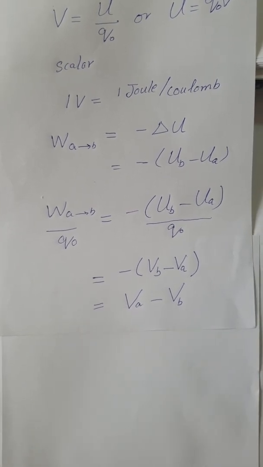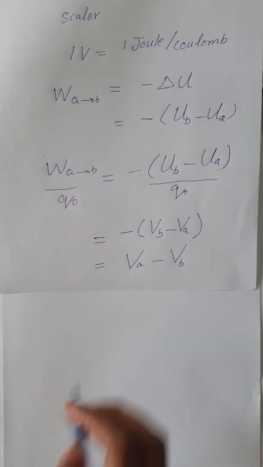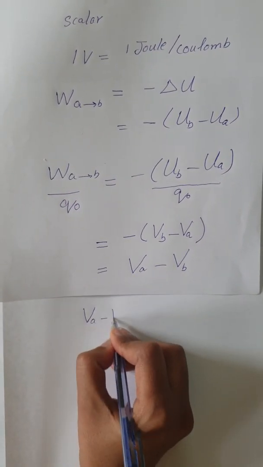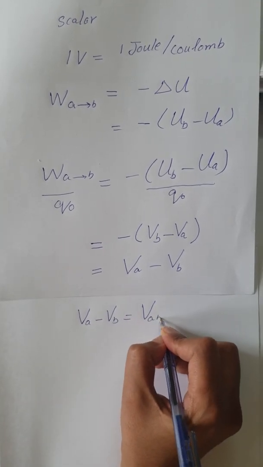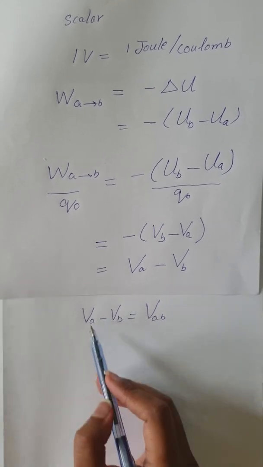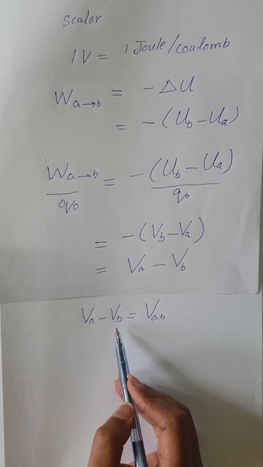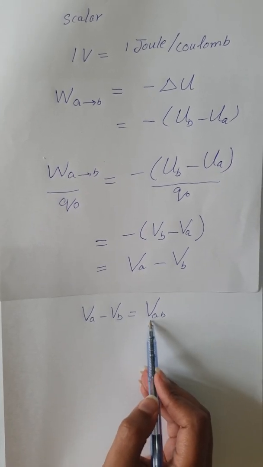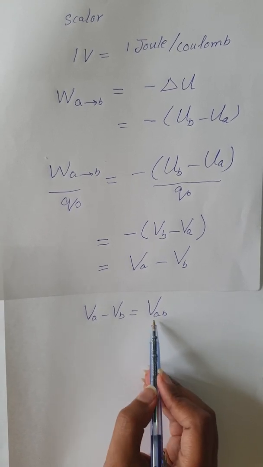One more thing is that the difference VA minus VB can be written as VAB. This is called the potential of A with respect to B. Look into the order of the subscript.